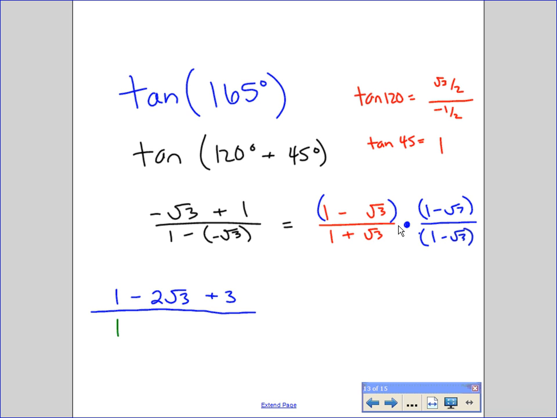Those are canceled, and then negative 3 will come out of that radical. I'm going to leave my answer as this: 1 plus 3, so 4 minus 2 square root of 3 all over 1 minus 3, negative 2. You may leave your answer that way, or you could write it as negative 2 plus square root of 3.